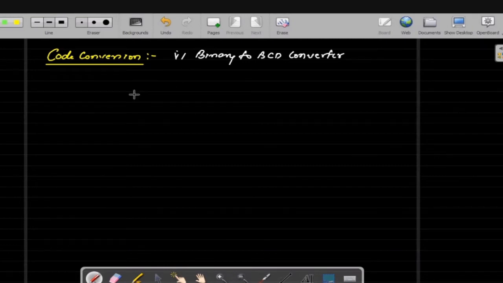This is the standard procedure for designing any combinational circuit, and we are going to follow the same thing in code conversion.